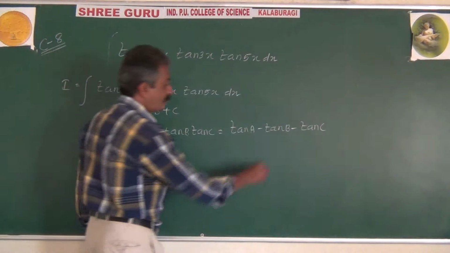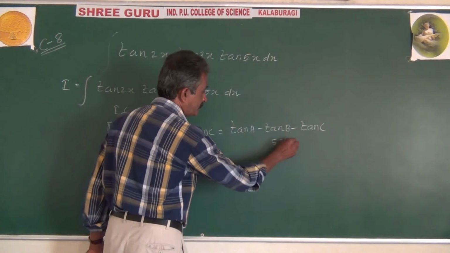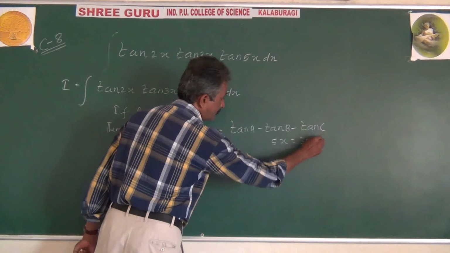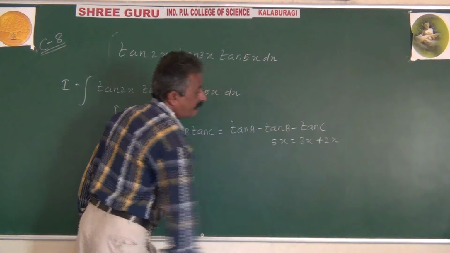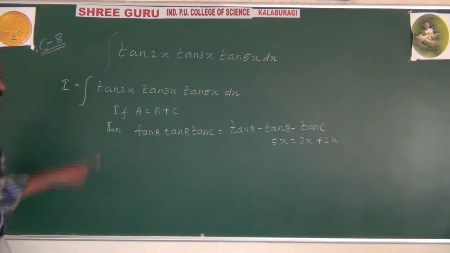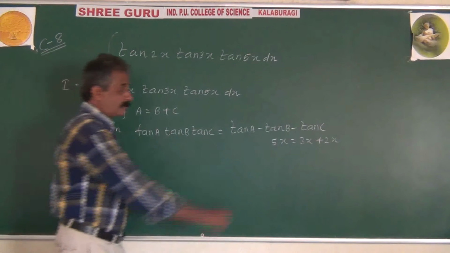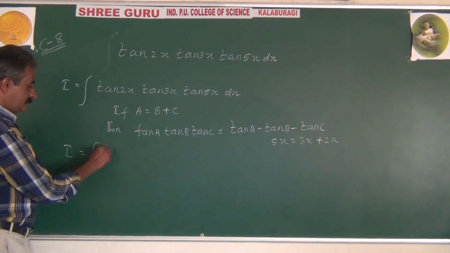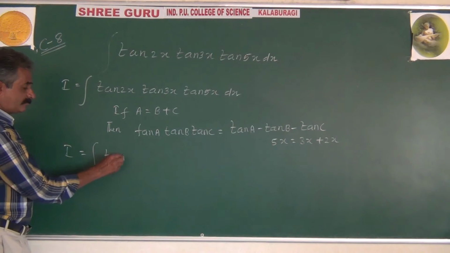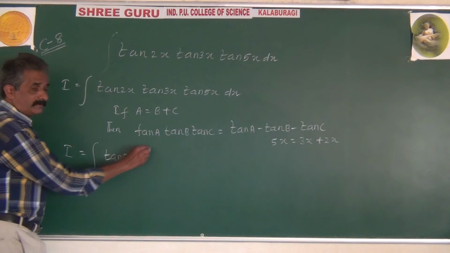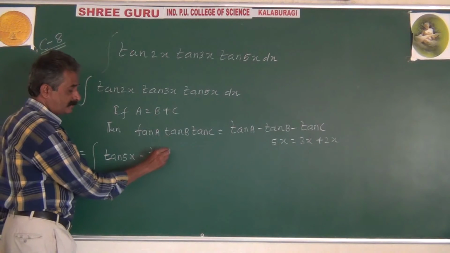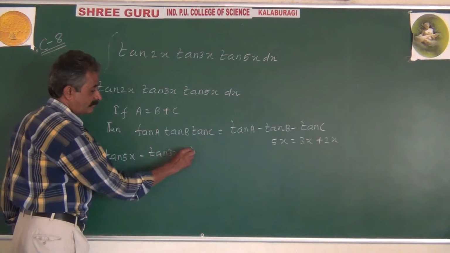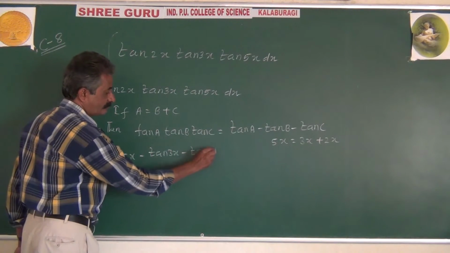So obviously 5x. What is 5x? 3x plus 2x. It is just like A equal to B plus C. So now the given integrand can be written as integration. First one will be tan A. A means how much here? 5x. First term tan 5x followed by tan 3x followed by minus of tan 2x.